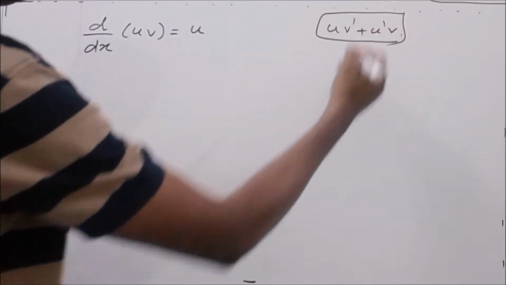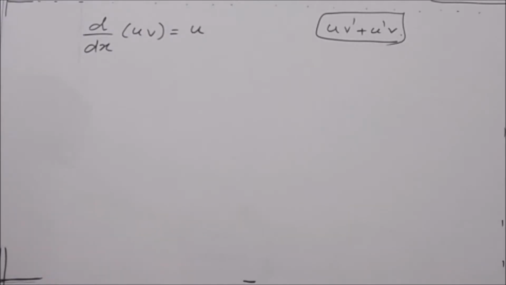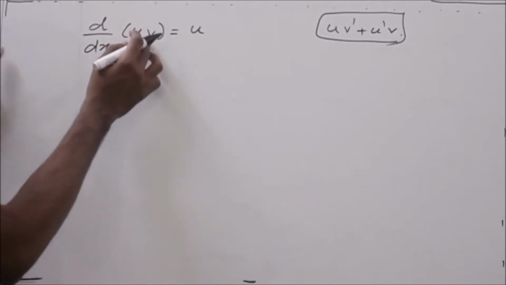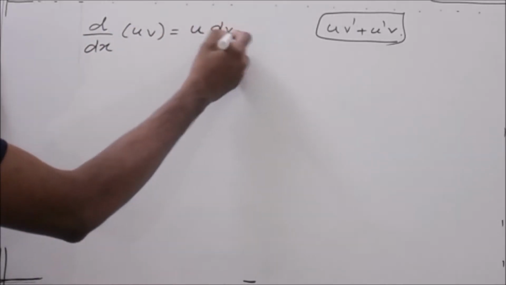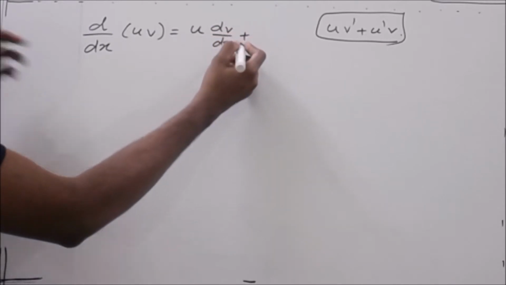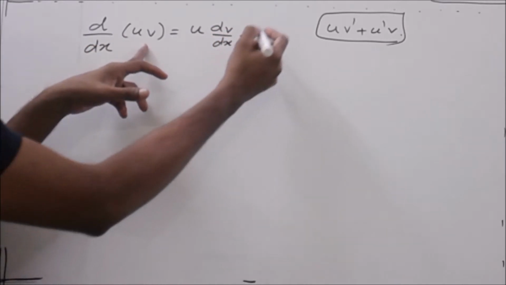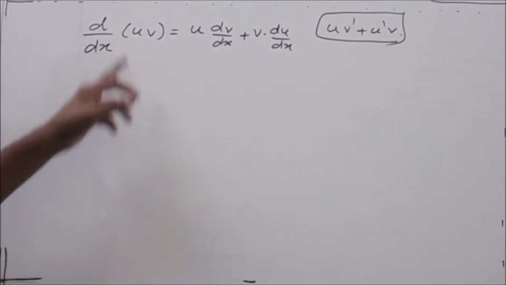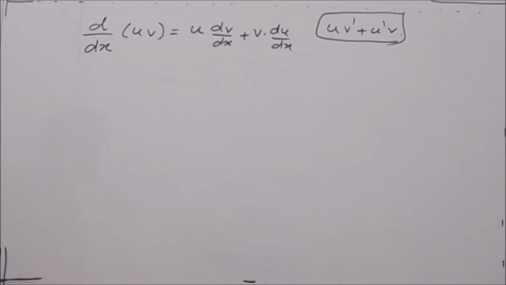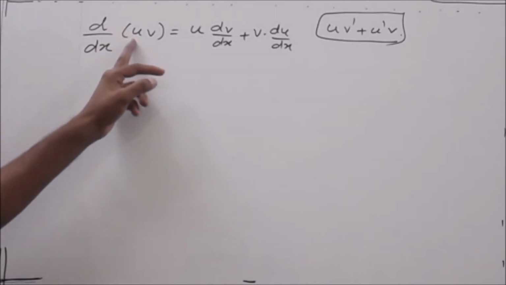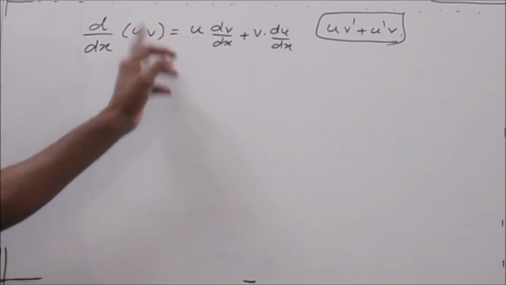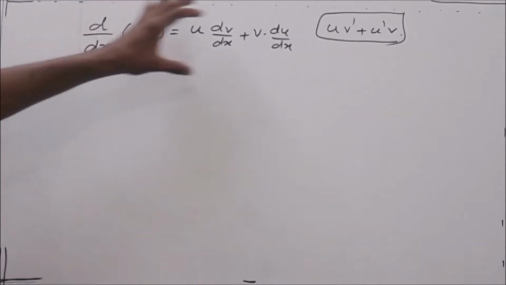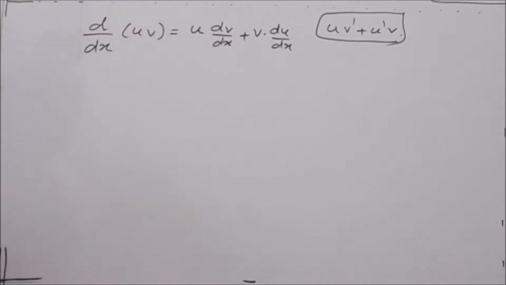We have learned this already: u into v dash plus u dash into v, or we can write it as u into dv by dx plus v into du by dx. Keep one function as constant and differentiate the other function. Then differentiate the first function and keep the second function as constant. That is the derivative of uv, the product rule of differentiation.